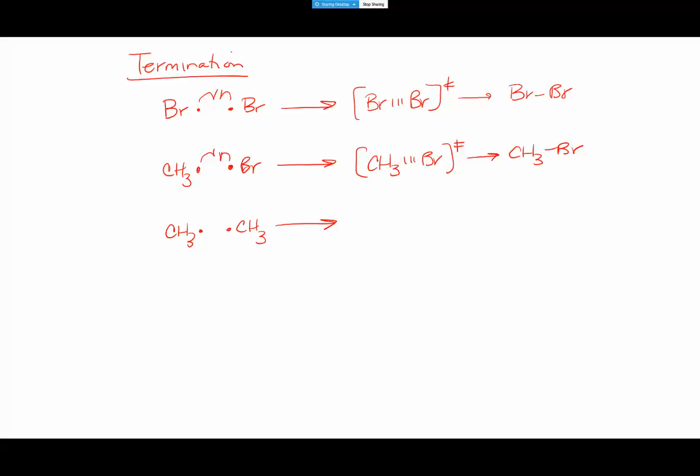And whenever you bring 2 alkyl radicals together, that's called a coupling reaction. So these 2 radicals are going to couple together, same arrows. I'm going to have a carbon-carbon partial bond. And now I'm going to form a new product called ethane.